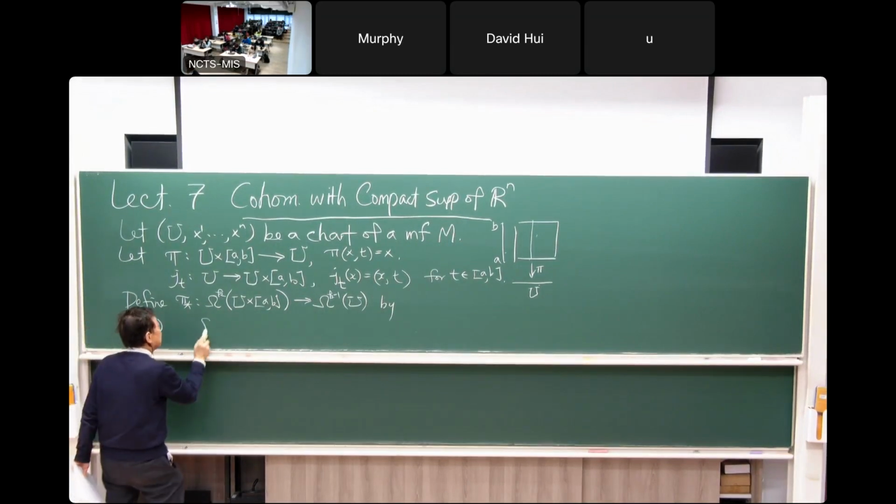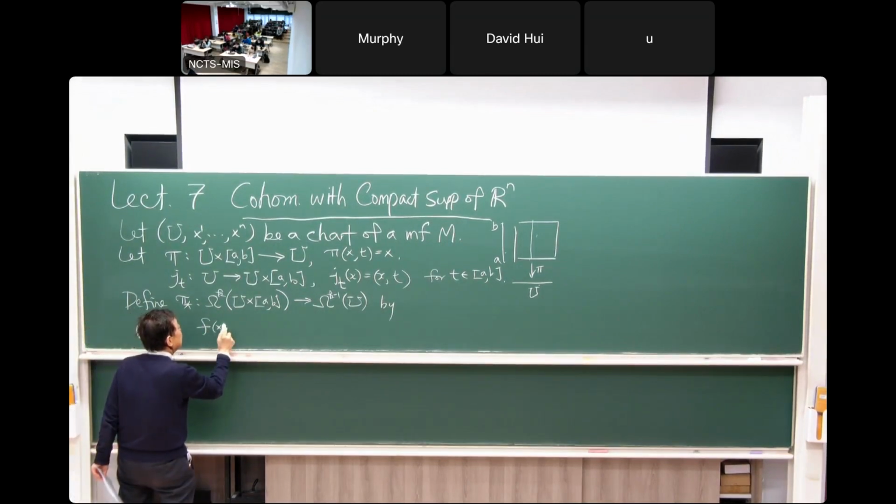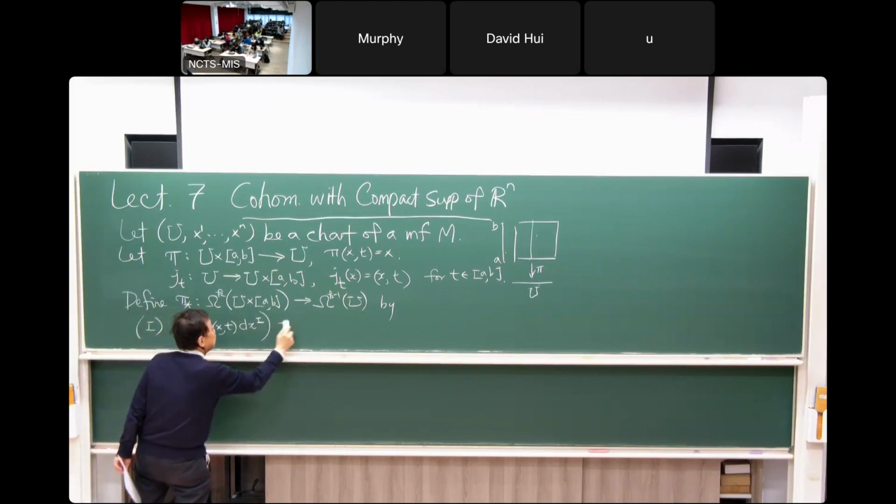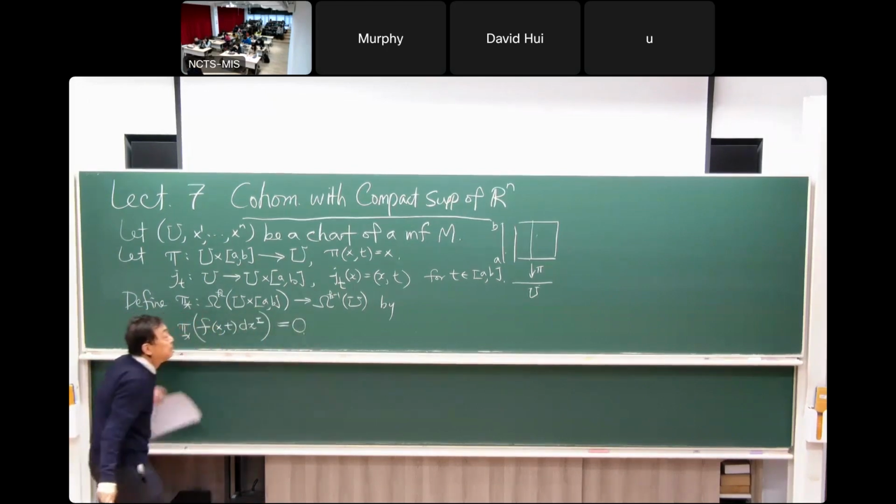On type 1 forms, there's no dt to integrate. So on type 1 forms, you just get 0.